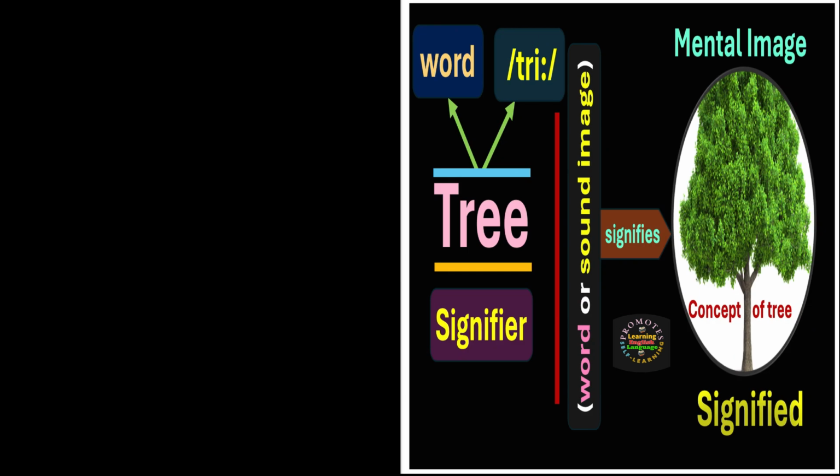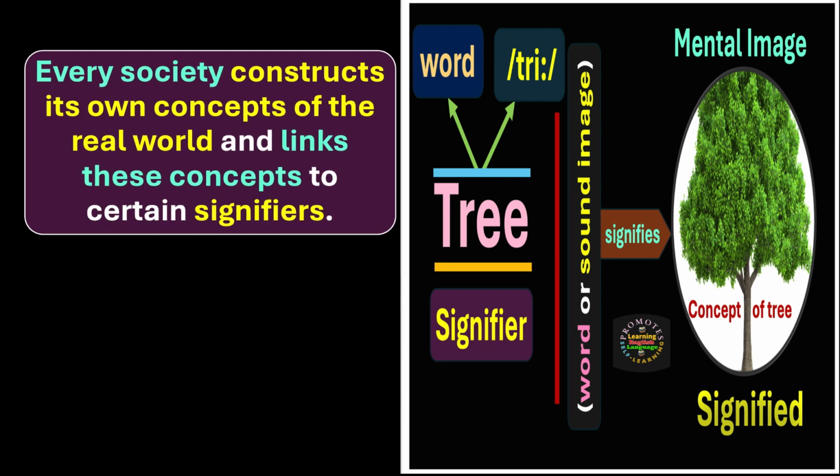Okay? We continue with some more ideas in this respect. Every society constructs its own concepts of the real world and links these concepts to certain signifiers. It's not only about this particular image being called tree, shajar in Arabic, vriksh in Hindi, darakht in Urdu, and so on. There are thousands of such concepts constructed by every society.